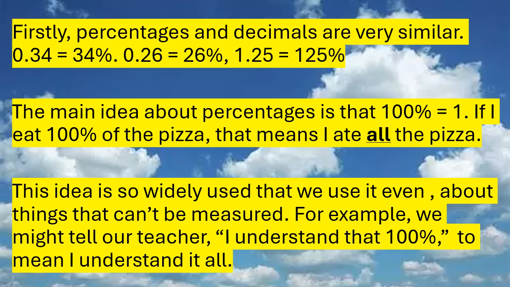If I eat 100% of the pizza, that means I ate all the pizza. This idea is so widely used that we use it even about things that can't be measured. So, for example, we might tell our teacher, I understand that 100%, to mean I understand it all.